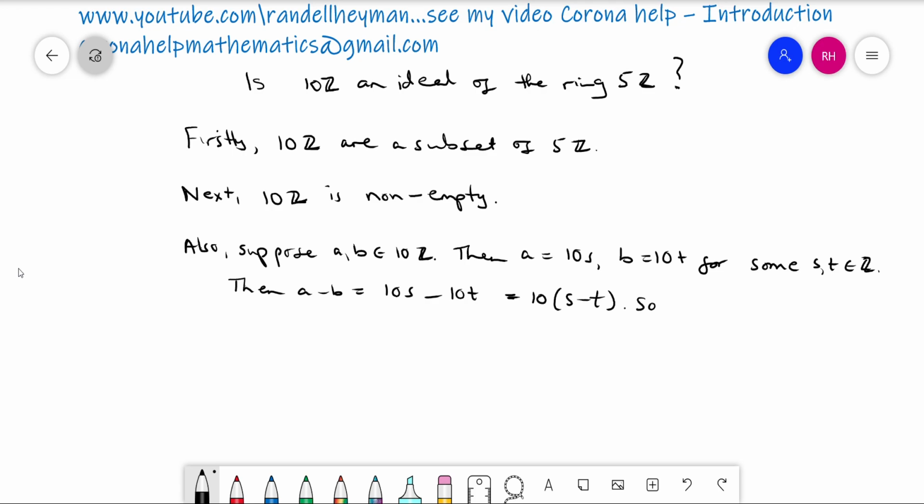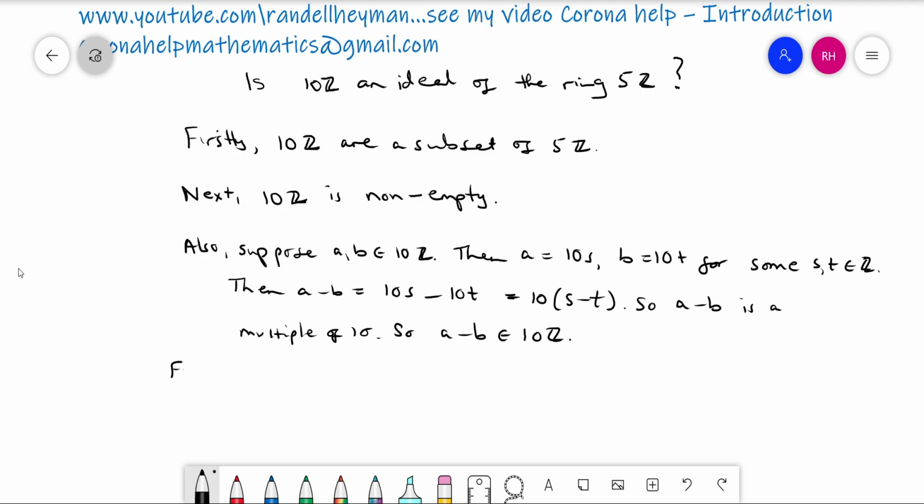Here you can see that what we're saying is that A minus B is a multiple of 10. So A minus B is an element of 10Z.